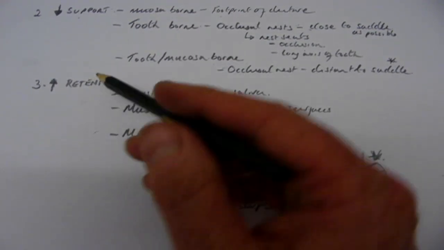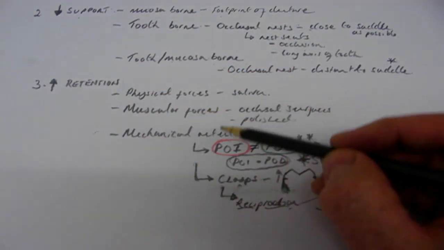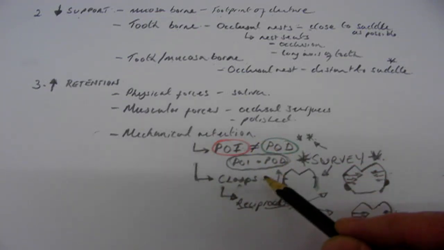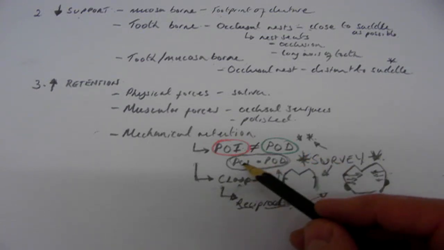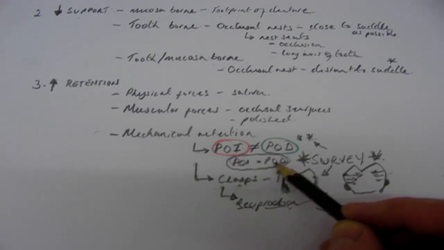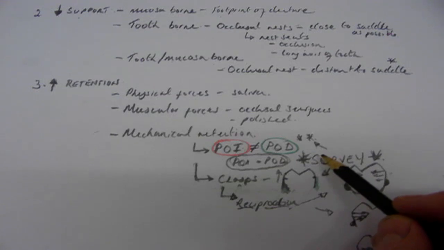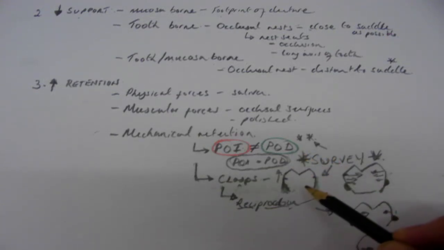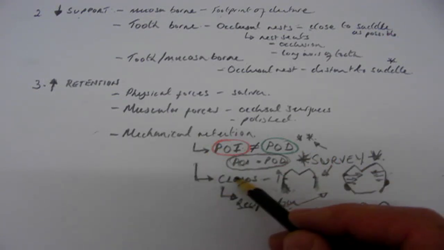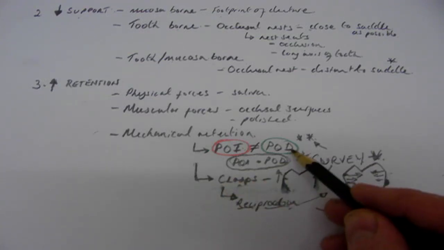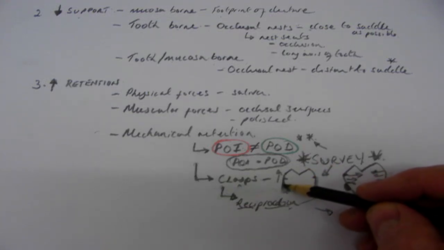And then for retention, we talked about physical and muscular forces, the mechanical retention, and that we can create a path of insertion that differs to the path of displacement, or we can allow the denture to insert in the same direction as the path of displacement. For both of those we need to survey the model to find the undercuts relative to the path of displacement, and we can also provide mechanical retention by using clasps, and clasps engage undercut relative to the path of displacement, and we put our clasp arm in this undercut.